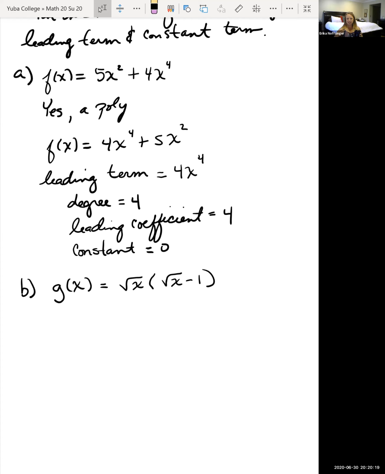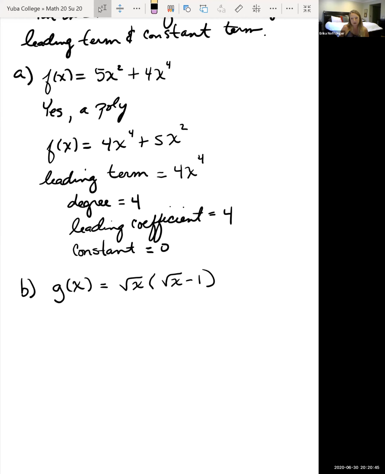So by definition, is it holding true? Anyone know how we can rewrite a radical as an exponent? That's something you're going to use all the time in calculus, being able to go back and forth between radicals and the exponential form.